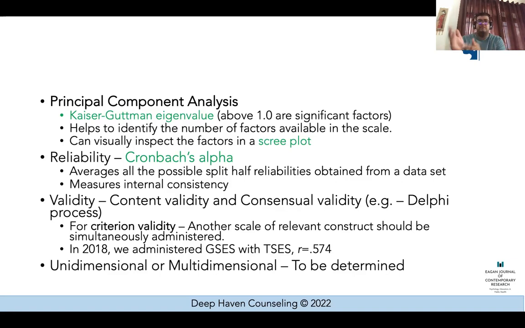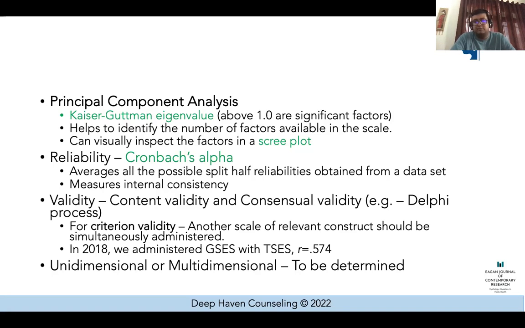It assesses a particular domain of self-efficacy. Generally speaking, if someone is efficacious in their teaching, they need to be efficacious in their normal life as well. So we administered both scales, and we found a Spearman correlation, actually not a Pearson, of 0.574.